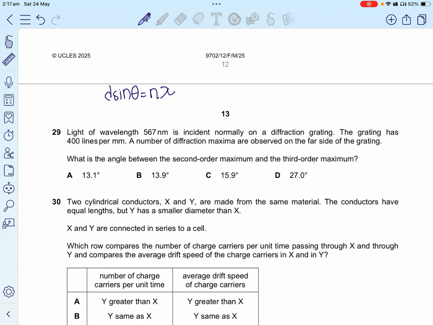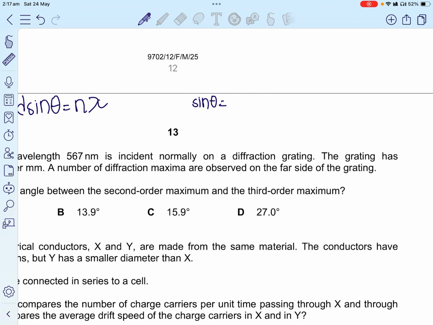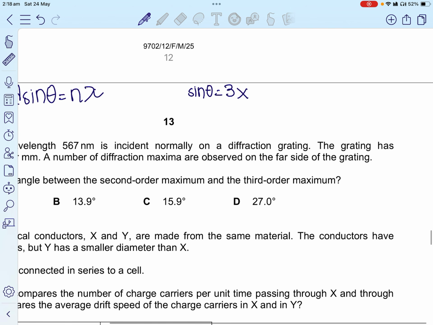Okay, now for the first value of angle, sine theta, I would take the third one and then I'll take the second one. For sine theta, the n value is 3, so 3 times lambda. Now what's lambda? Lambda is 567 nanometers. So 567 times 10 raised to negative 9 meters divided by d.